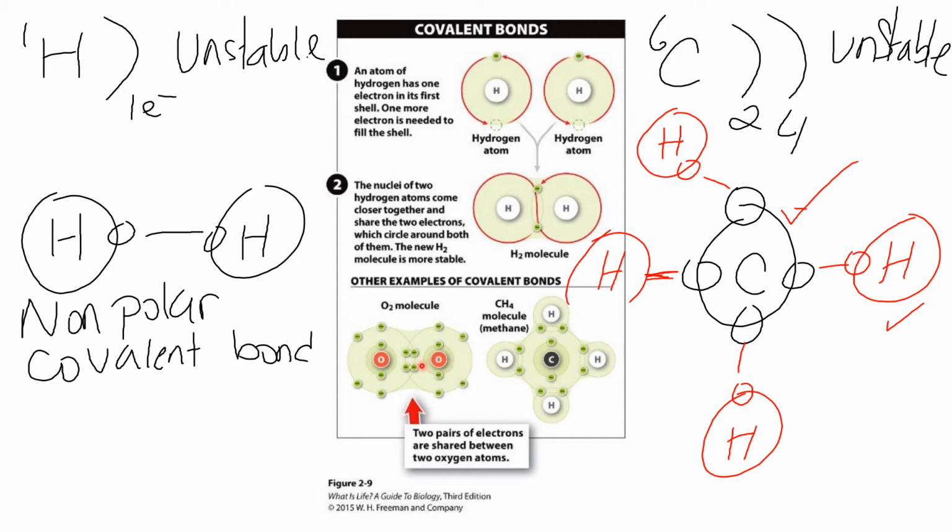Oxygen has 6 in its last electron shell, so that means it needs 2 more. And so it can share 2 electrons with another oxygen, and that would make it stable.